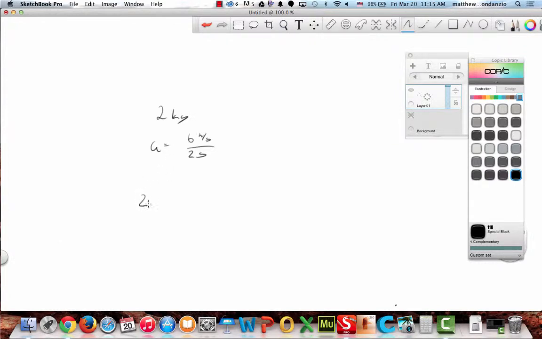If I had a 2 Newton force and I acted on 2.5 kilograms, what's my change in velocity every second? It's 2 over 2.5 meters per second squared.